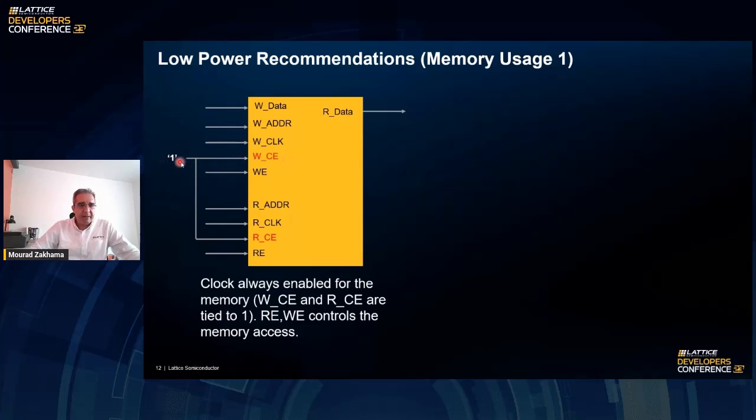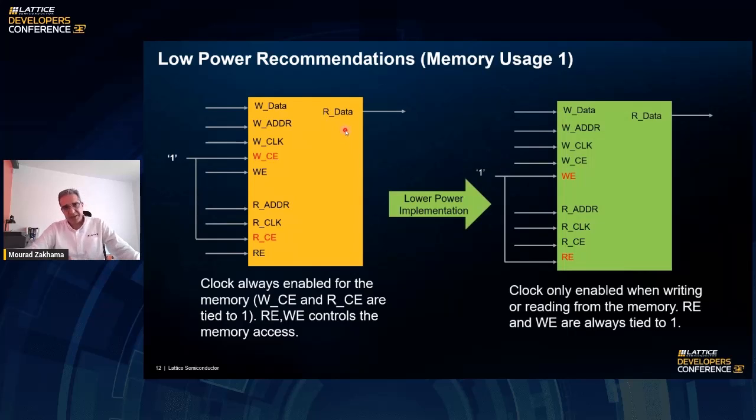If there is no specific information in the source code, the clock enable will always be tied to 1, and the write enable and read enable will control the write access and read access to the memory. By keeping the clock enable always tied to 1, you have all the logic inside the memory always toggling, and that's extra power consumption in your design.